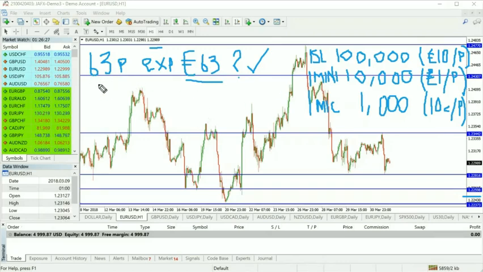We'll stick with the example of 63 pips. So straight away, we could be exposing 126 euro on trade number 2. So this will be trade number 2. And we could be doing the same again on trade number 3.